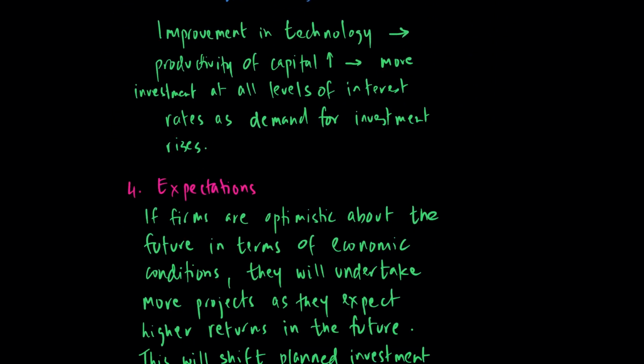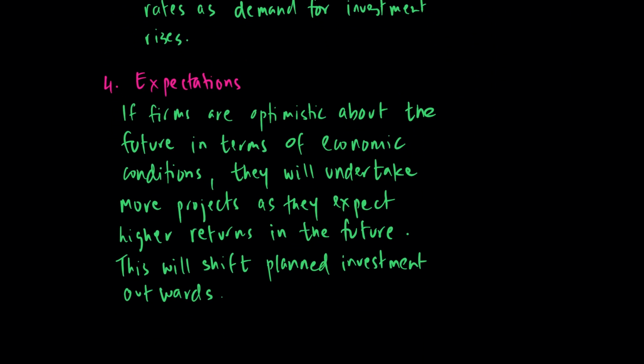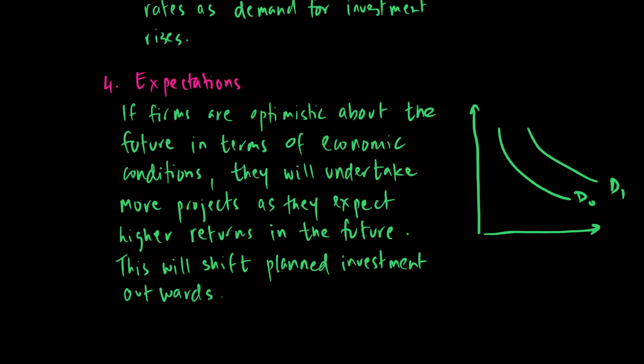Lastly is expectations, or what we call business confidence. If firms are optimistic about the future in terms of economic conditions, they will be demanding more investment. They will be undertaking more projects as they expect higher returns in the future, and this will shift the planned investment curve to the right, as the demand for investment is going up from D0 to D1, because we are now going to have more investment at all levels of interest rates.